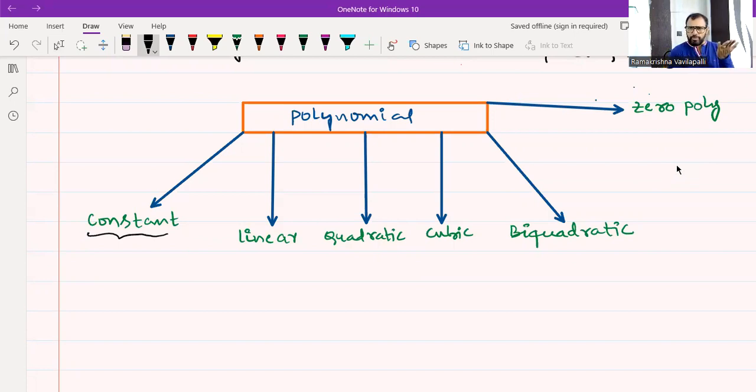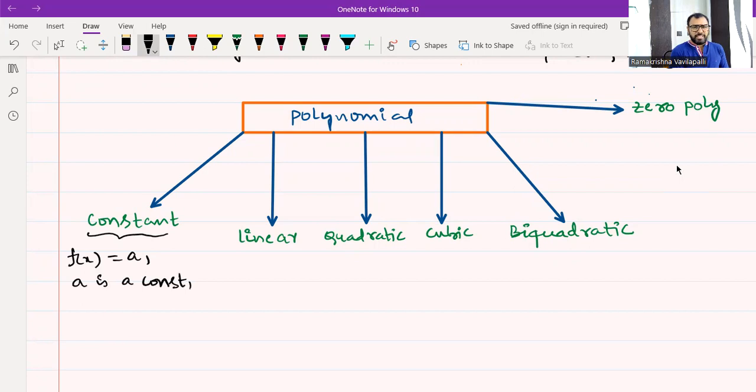So I can write f of x equal to some constant a, not equal to 0, or not necessarily. This is a non-zero constant polynomial. Here a is a constant.